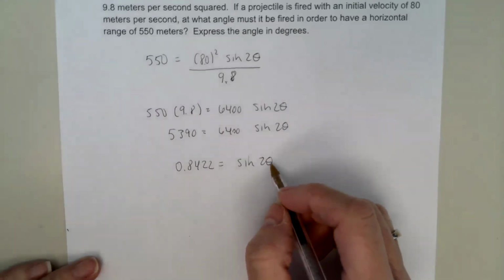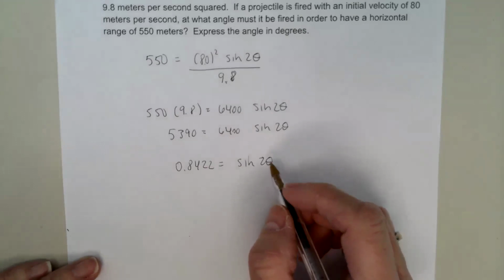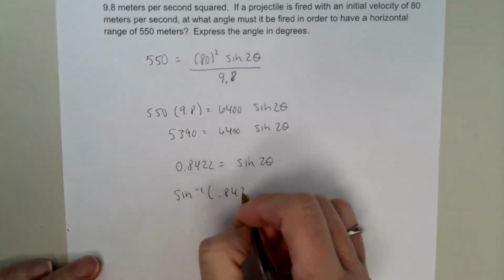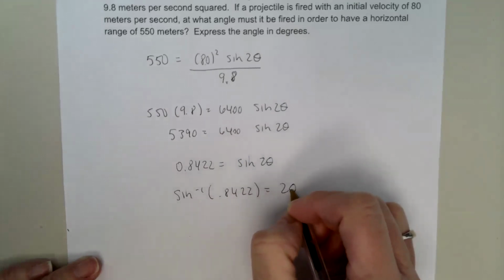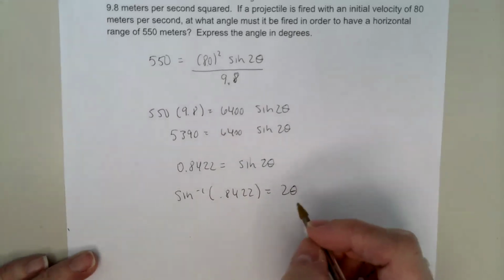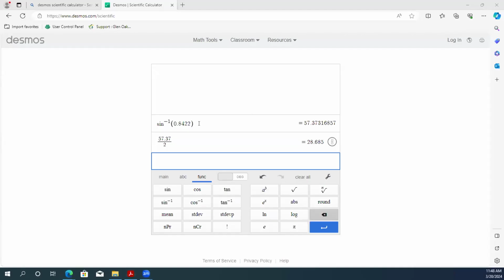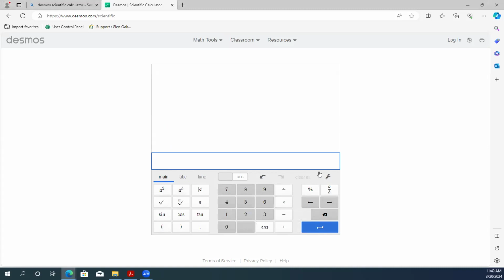So to find the sine of 2 theta, to get to this theta, I have to take the inverse sine of 0.8422. And that gives me 2 times theta. I'm going to show you how to type that into the calculator right here. So I'm going to clear these all out. It's usually on this main page here.